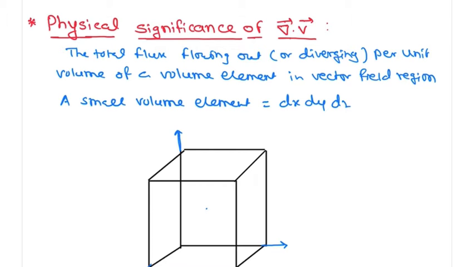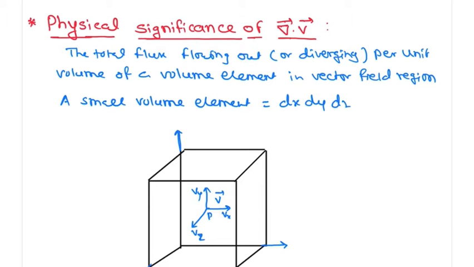If v is the vector point function, then vector v has three components, vx, vy and vz.